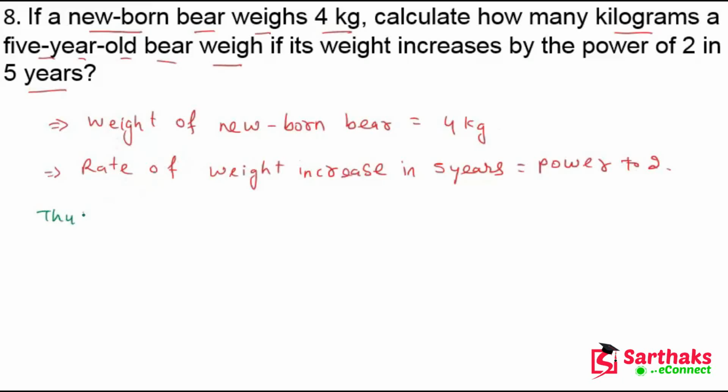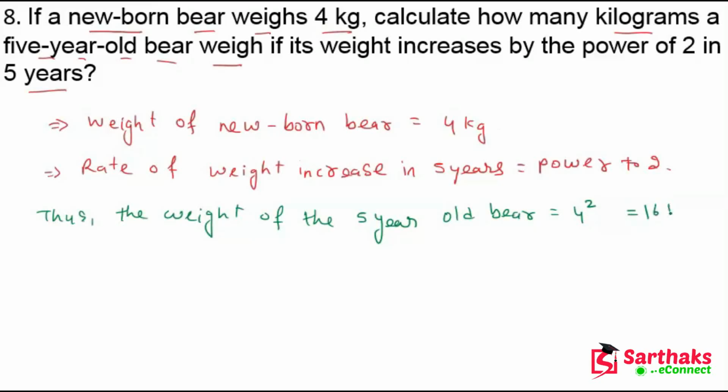And thus we can write the weight of the 5-year-old bear is 4 raised to power 2, which is 16 kg. This is the answer.